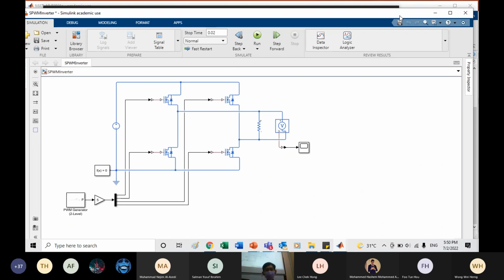After you know how to do this, you will know the immediate application of this type of modulation. It is widely used in many industrial applications. So later I will show you the direct application of this.